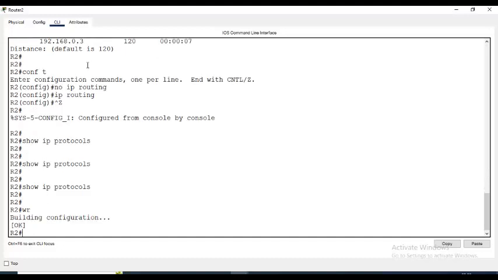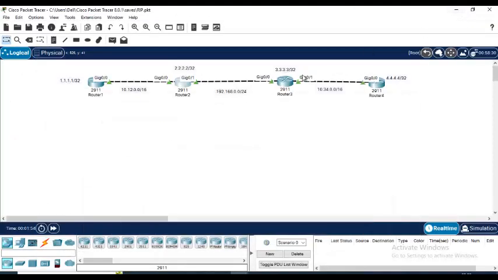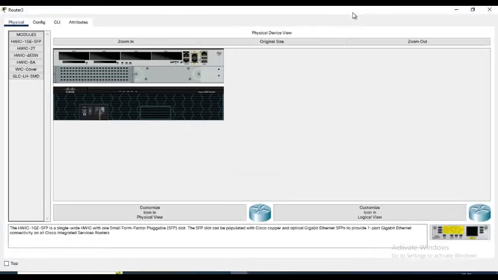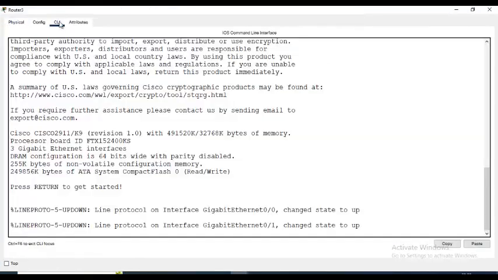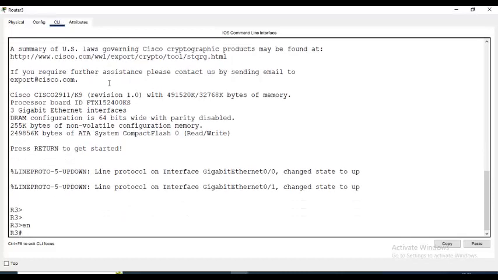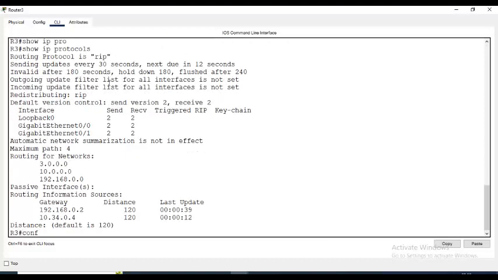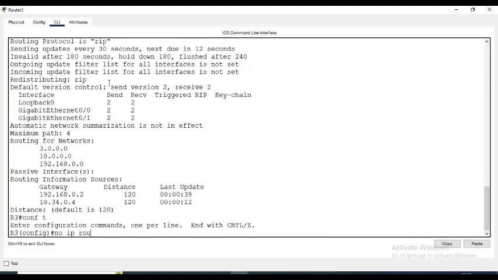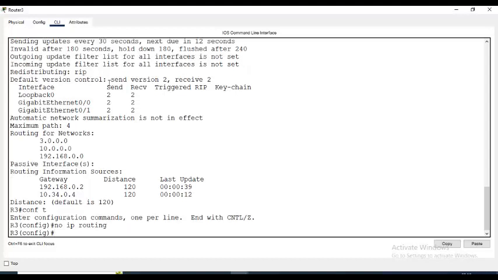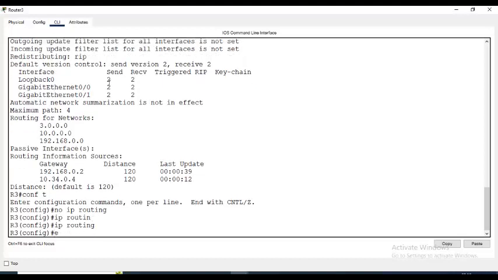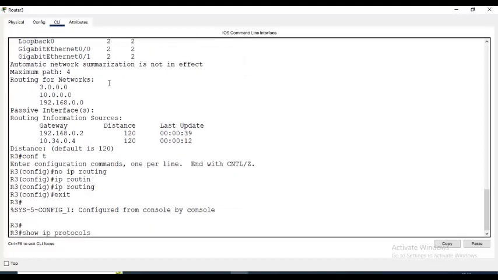Now again, let me show you in R3. Before removing, let me show you again. Show IP protocol. You have it. Now, no IP routing. So you don't need to know whether RIP is running or EIGRP. Just put this command. All protocols will be removed and put this command back without no. Now use the same show IP protocol.